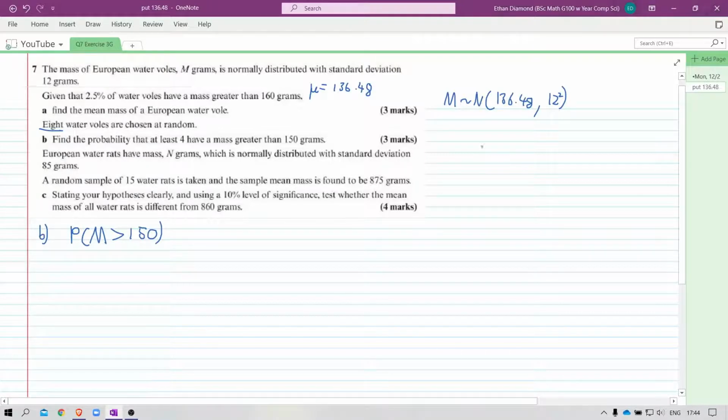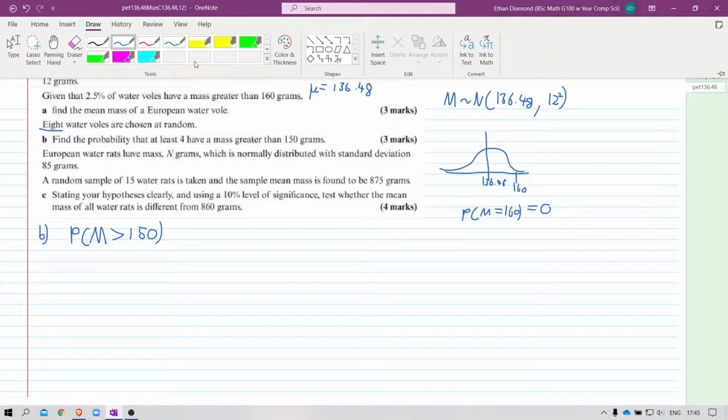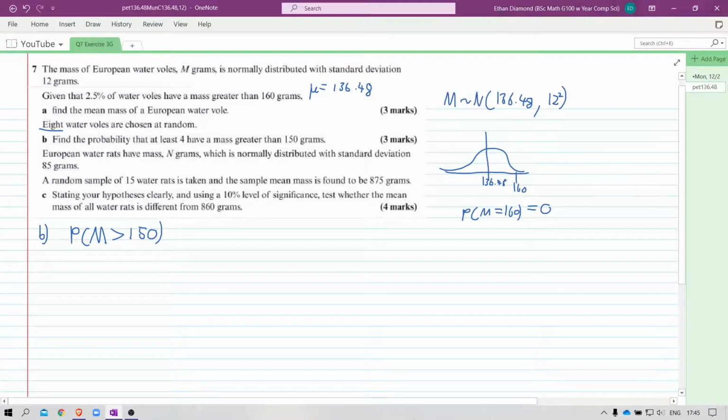And just on a side note, if you want to understand that, if we have a normal distribution curve, and we want to work out the probability, so this is 100 and what is over here, 136.48. Say we want to work out the probability that M is equal to 160. What would that be? Well, it's obviously going to be 0. Why is it going to be 0? Well, the way I like to explain it, I think it's quite intuitive. The area under the graph is the probability.